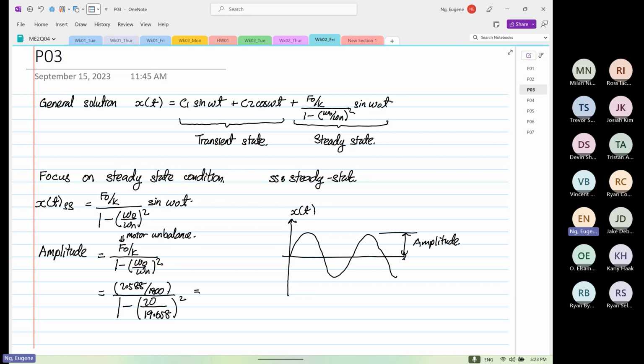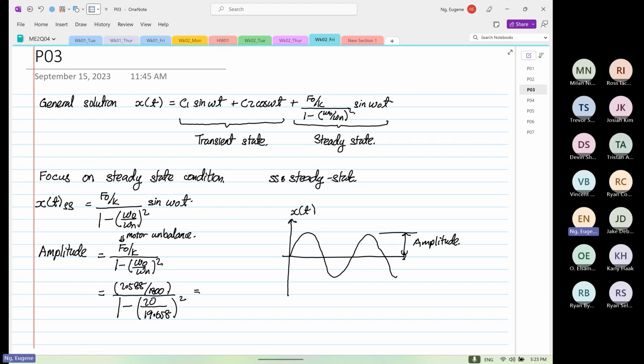So this will be equal to 2.588 divided by 1800 divided by 1 minus 20 divided by 19.658 squared. Did I put a wrong value? No. So it's minus 0.035.